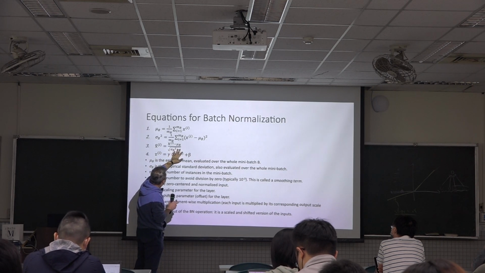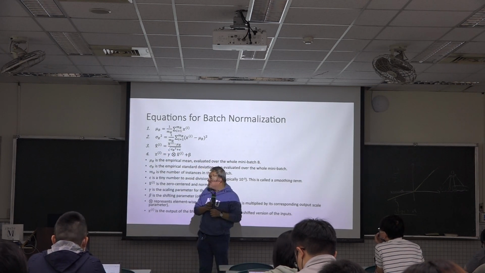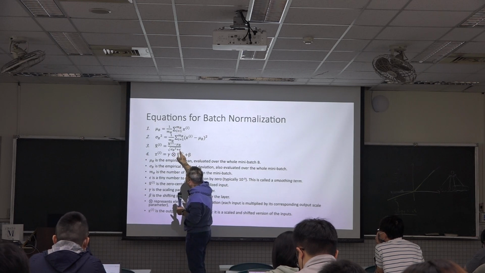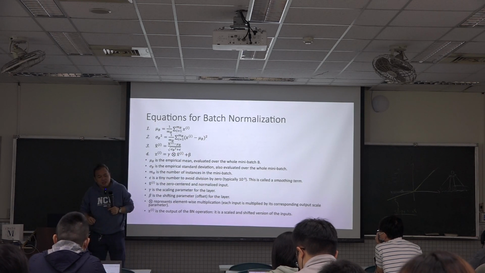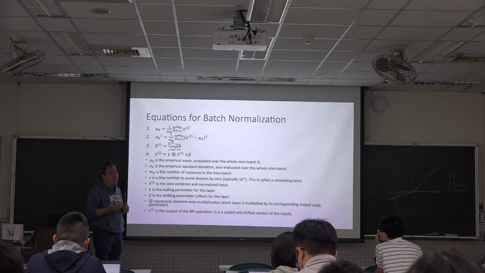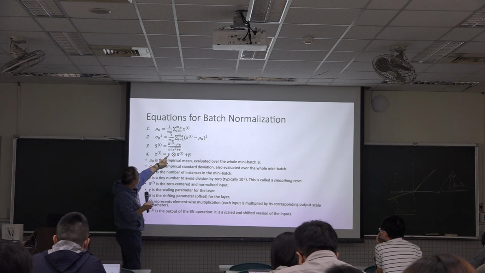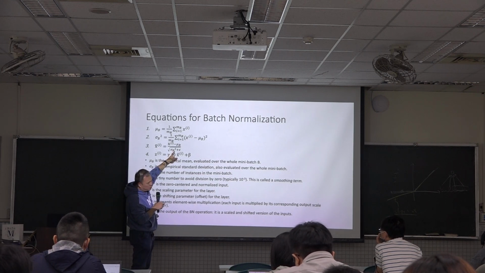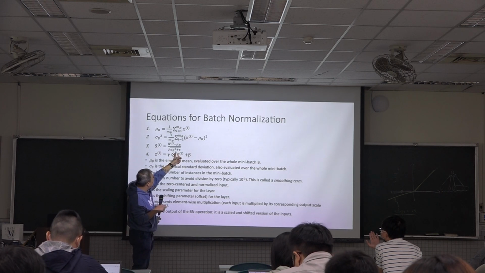So make sure the standard deviation becomes 1. Of course we add a little bit of epsilon here just to make sure the denominator can never be 0. The square already guarantees greater or equal to 0, so we add a small number just to make sure this is never 0.